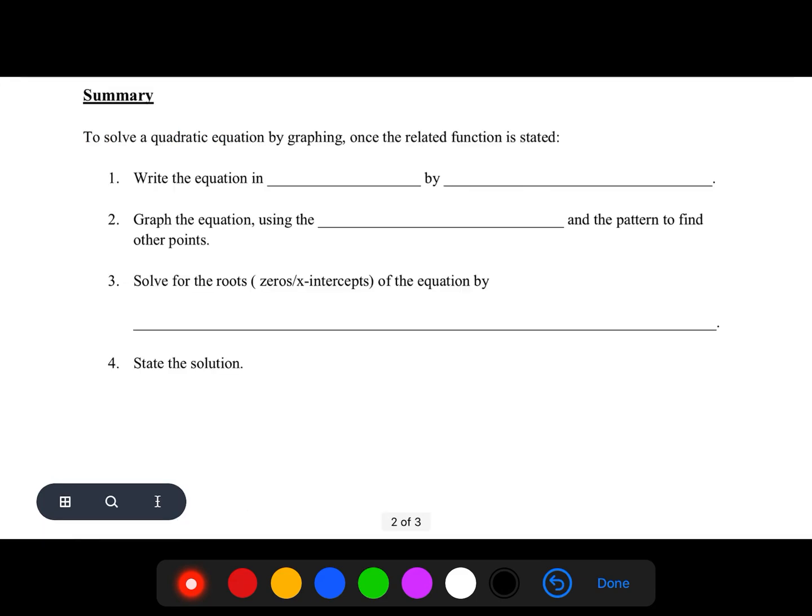So, in summary, in order to solve a quadratic equation by graphing, we state our related function first. Once we have that, we make sure that it is written in vertex form, if it's not already. And we do that by completing the square, which we went in depth on in the last unit. So we completed the square, and we're going to graph the equation using the vertex.